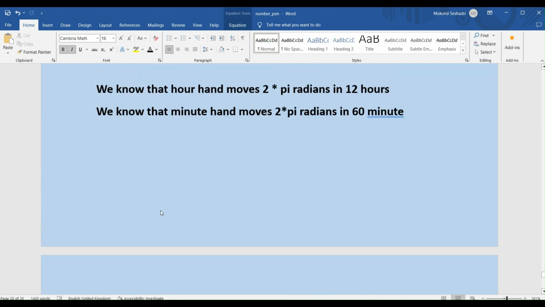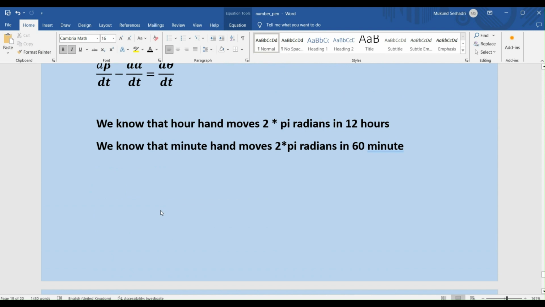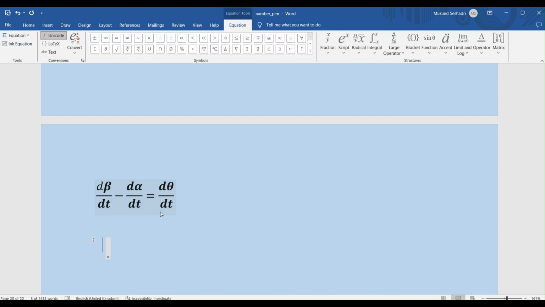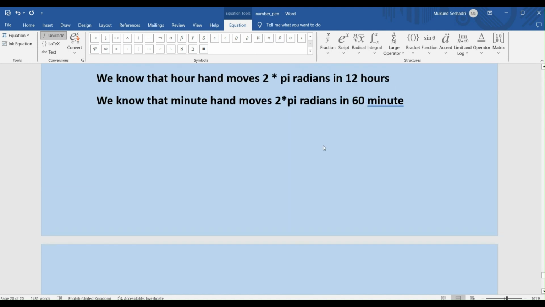It's nothing but the minute hand rate of change of the angle, so it is 2 pi divided by 1 hour, which means 2 pi minus, and what is d alpha by dt?